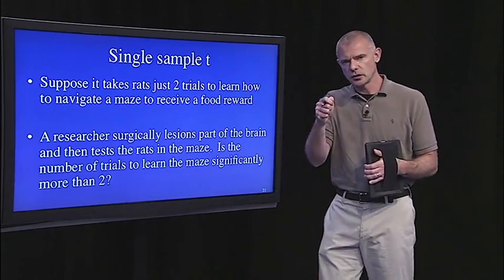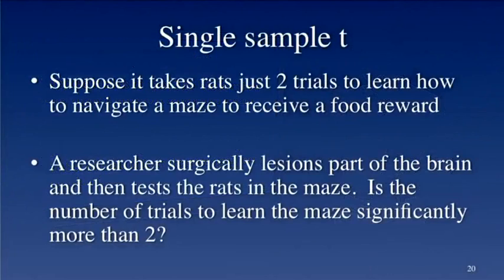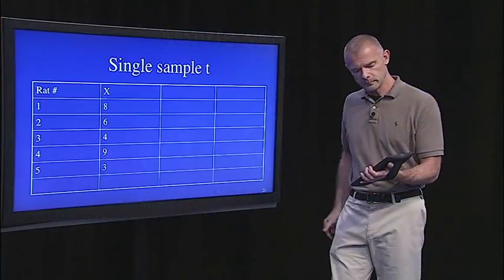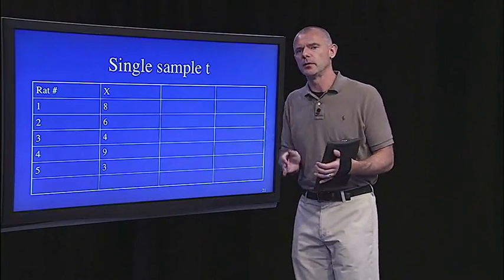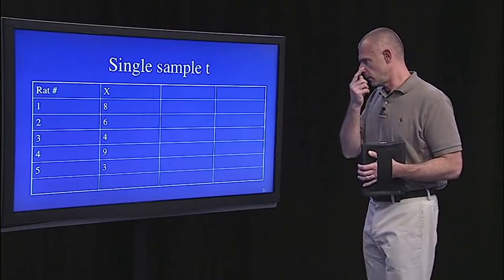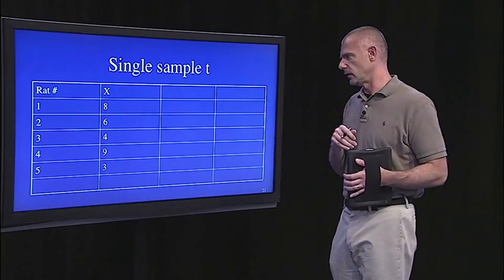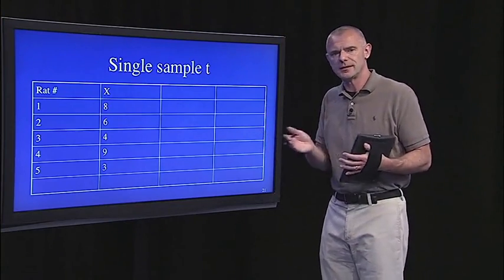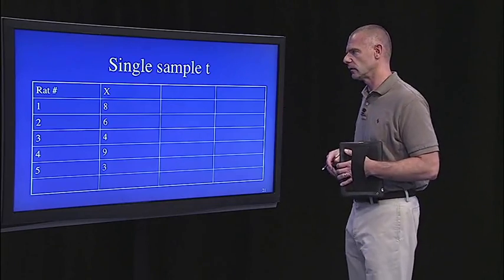Suppose the researcher surgically lesions a part of the brain that we think is important for this type of learning, and then they look at this experimental group to see how many trials it takes. And I made this really simple so we could just do this quickly, and you'll see the math is very simple. You did basically the same calculations in descriptive statistics.